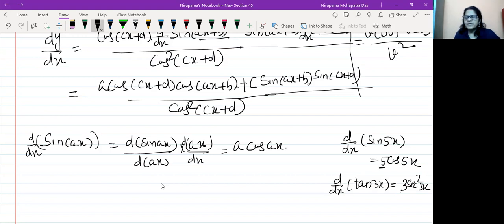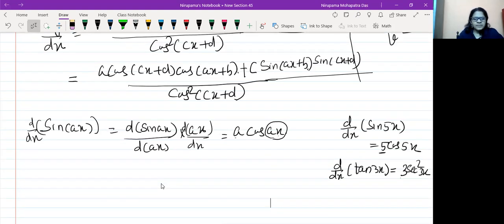Okay, that means in any trigonometric function, if you have multiple angles, like here sin ax, we are getting cos ax into a. So a can be replaced by 3, 5, 2, whatever number. Okay, so for tan 3x, as I said, the derivative is 3 times sec square 3x.